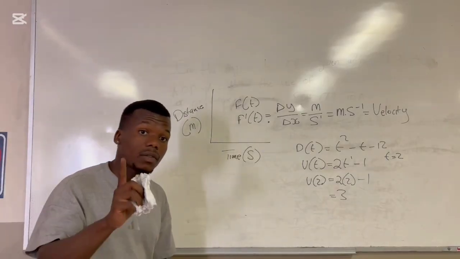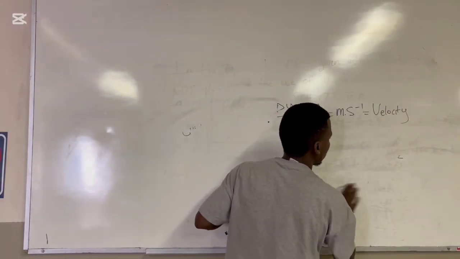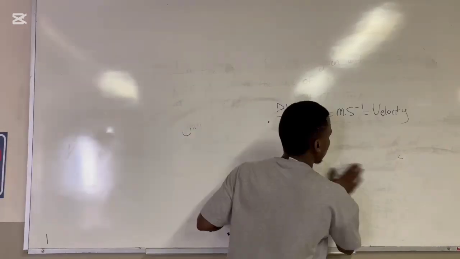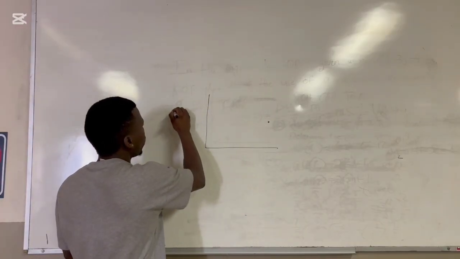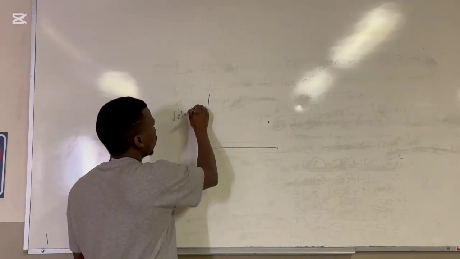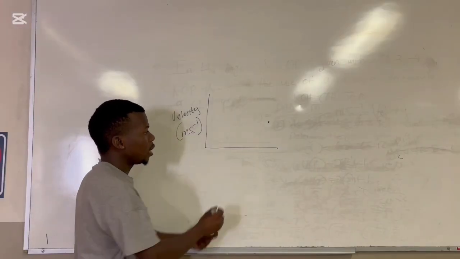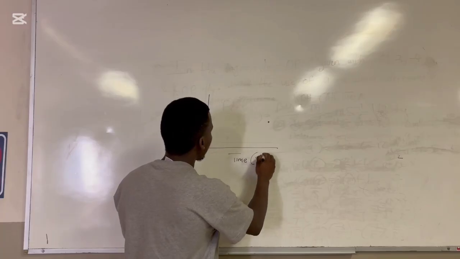Now, let's draw velocity versus time graph. We are going to draw velocity versus time graph. This will be velocity, which is measured in meters per second. And then this will be time, which is measured in seconds.